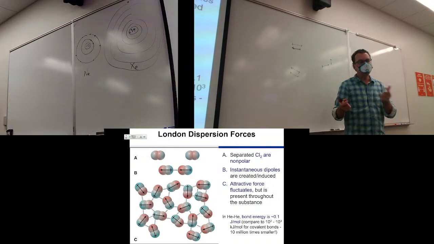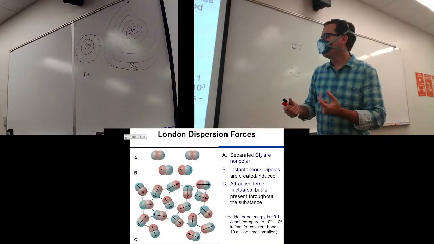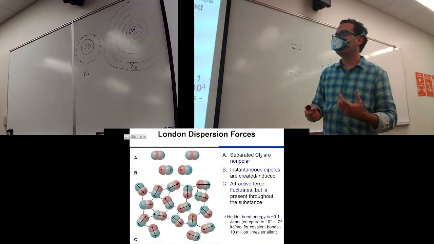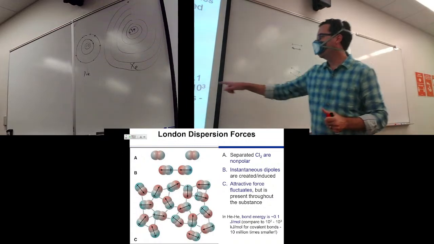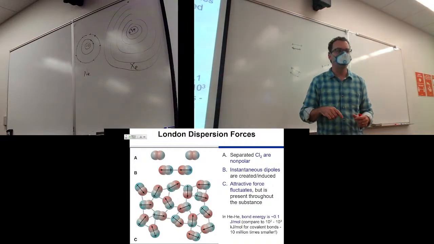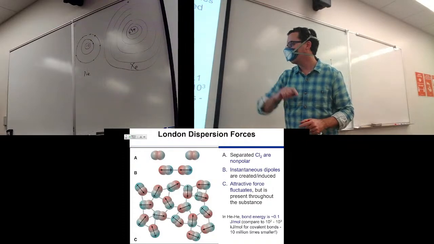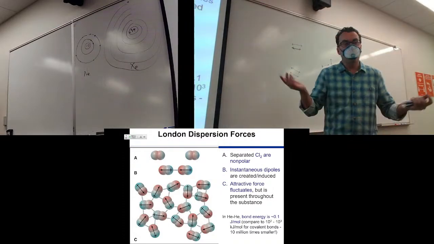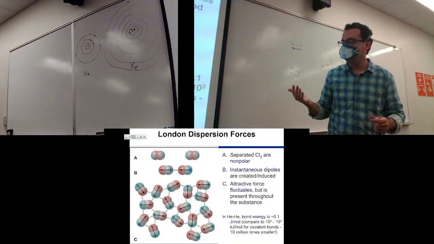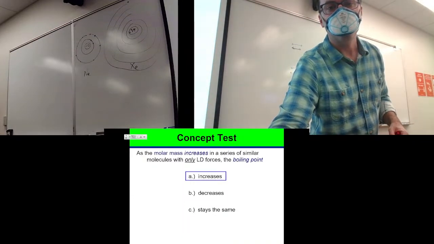Helium is probably the least polarizable atom on the periodic table. So if you're going to make attractions with two heliums, the attraction is super weak. It's on the order of 0.1 joules per mole. Just to give you an idea, that is 10 million times smaller than covalent bonds are. So tiny, tiny attractions. And I'm going to skip this because we talked about this.